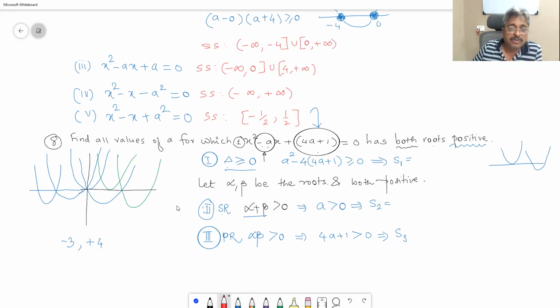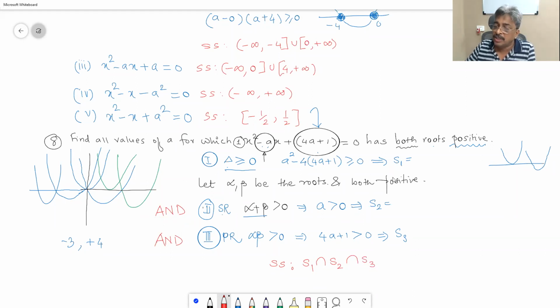Let me write it down very carefully. Therefore, the eventual solution set is going to be S1 should be satisfied, and S2 also should be satisfied, and S3 should be satisfied, and means intersection.